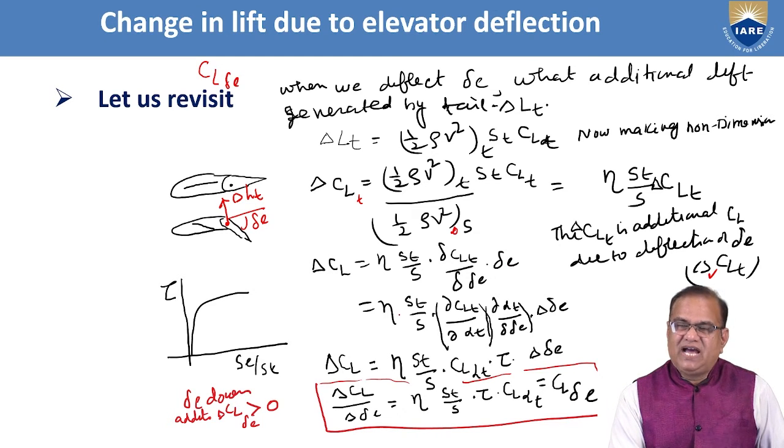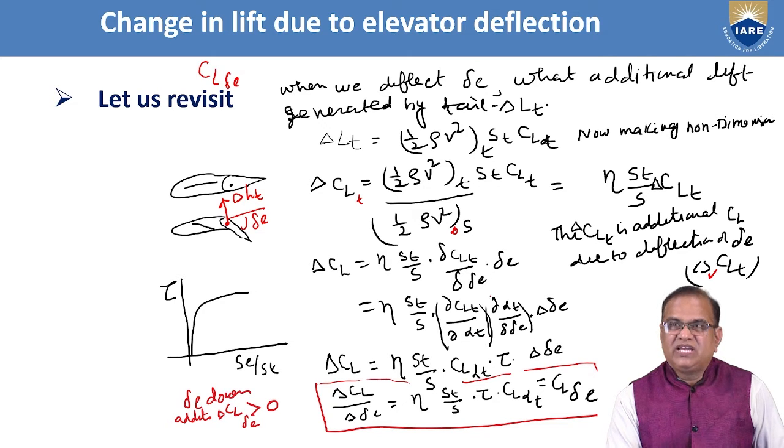So now for eta ST by S, we can again change to dCLT by d alpha t into d alpha t by d delta E. So these things are cancelled, and it is still dCLT by d delta E into delta E.